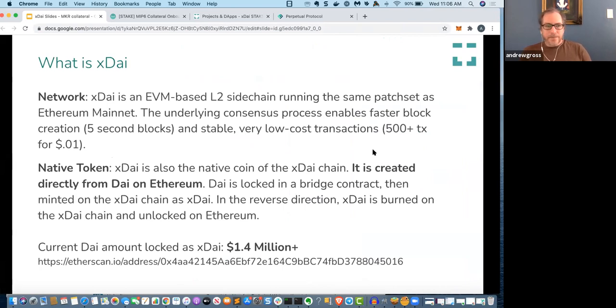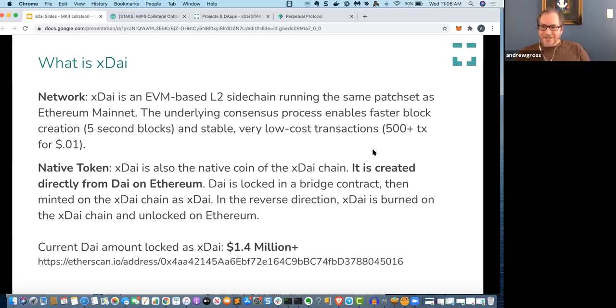We run the same patch set as Ethereum mainnet. And what makes it unique is that it is a stable chain. So not only does it have a consensus process that differs from Ethereum in that there are faster blocks, but of course there are these stable low-cost transactions, which really differentiates it from other sidechains and layer 2 solutions.